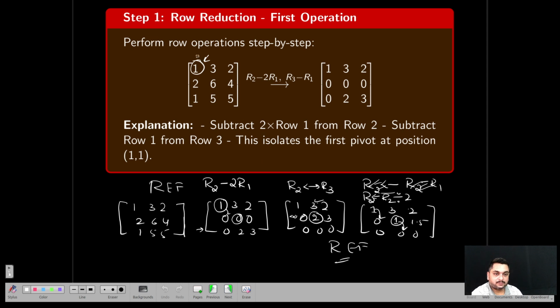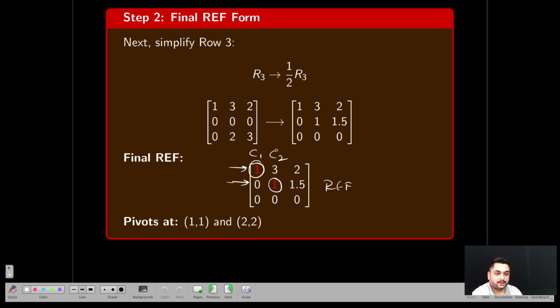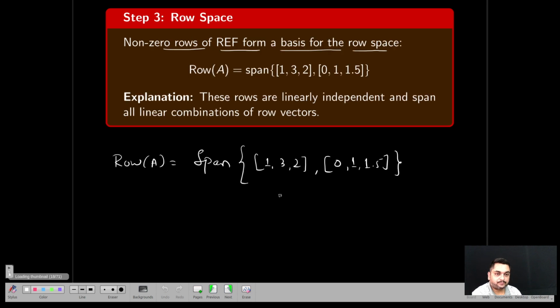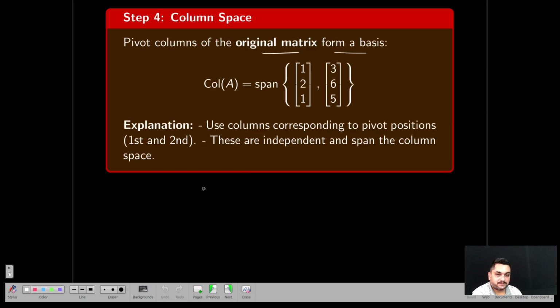The columns containing the pivot elements in the final row echelon form will give me the column space.